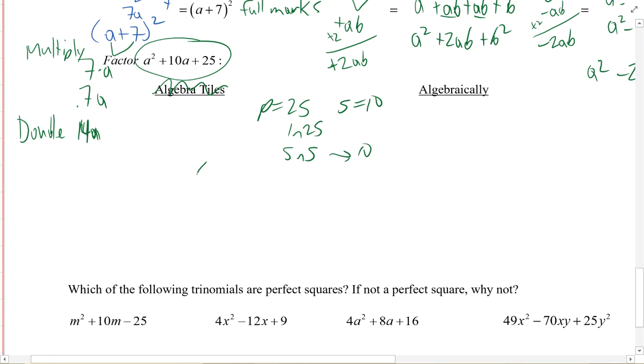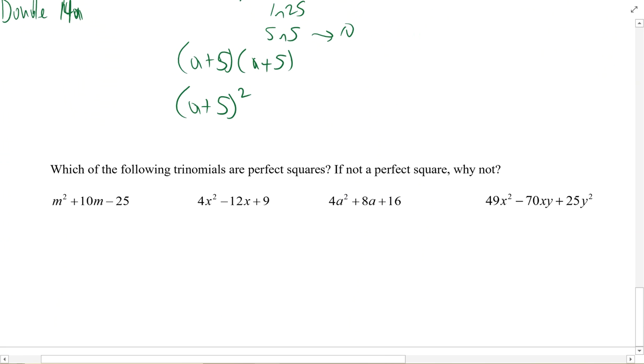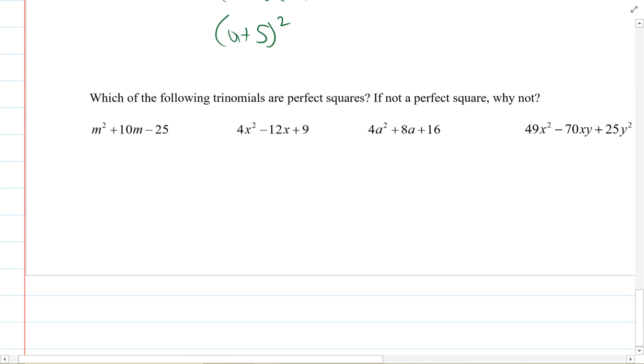So we would get a plus 5 times a plus 5, and so a plus 5 all squared. Okay, which of these are perfect square trinomials? If not a perfect square, why not? This one isn't, because it must be a plus 25.